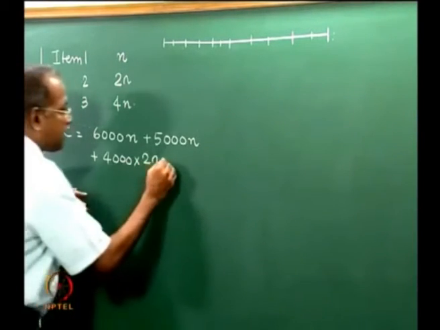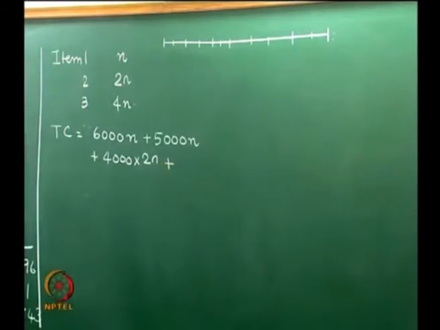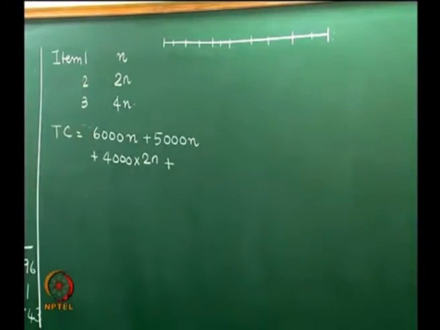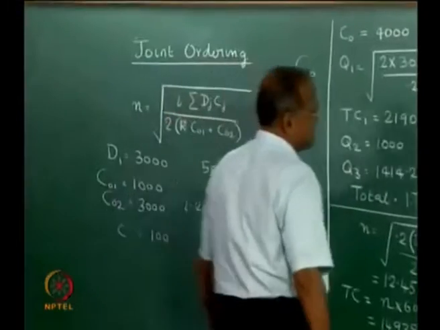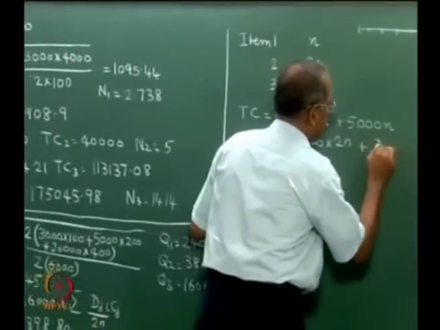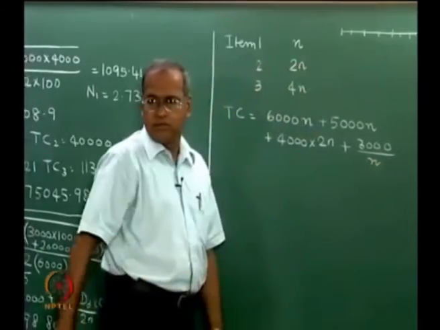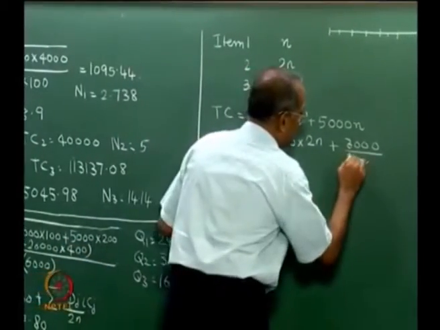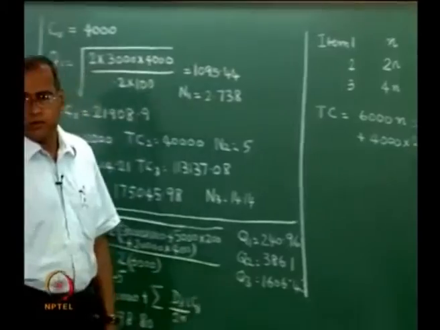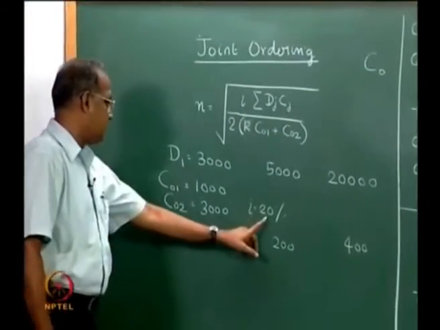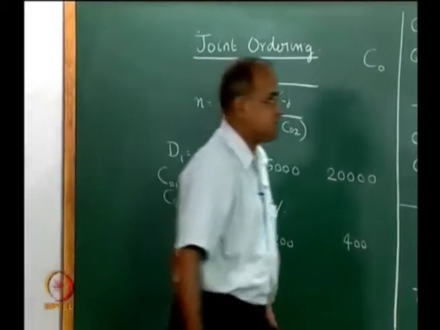Now the inventory carrying cost will be, if I have n orders for item 1, the order quantity will be 3000 divided by n. This is Q. So Q by 2 into carrying cost Cc, which is I into C, which is 20% of 100, which is 20.